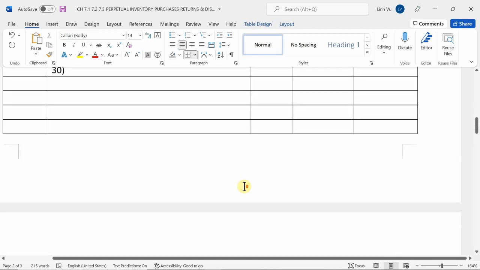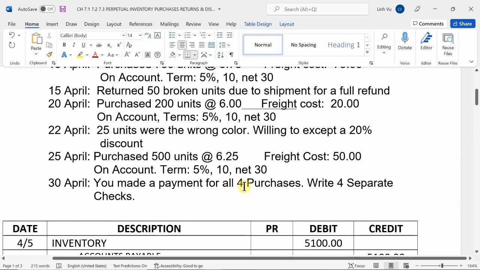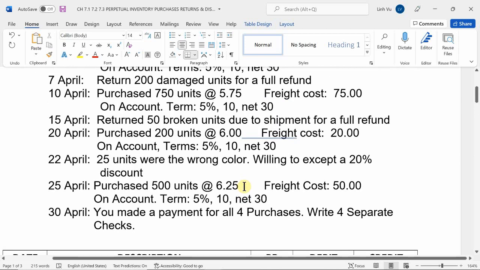Okay, so then April 22nd rolls around and 25 units were the wrong color, and we're willing to accept a 20% discount. So in this case, 25 of those 200 units were the wrong color.